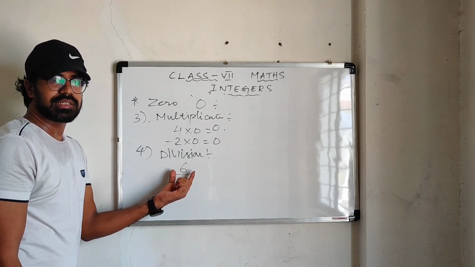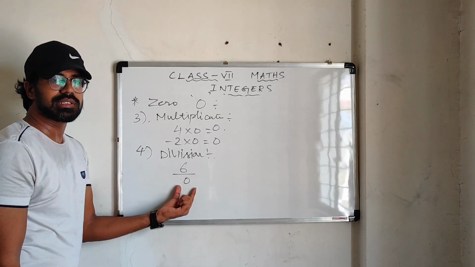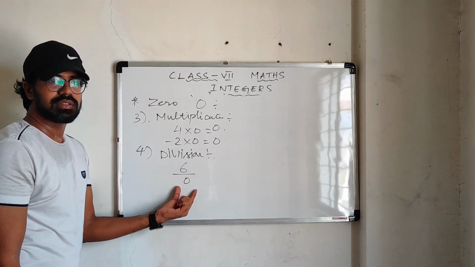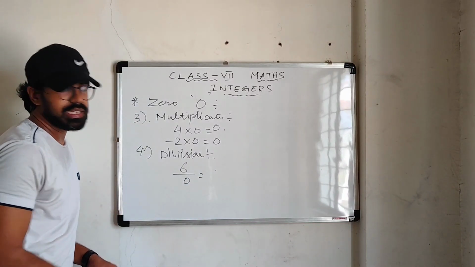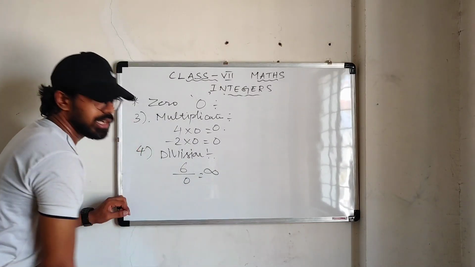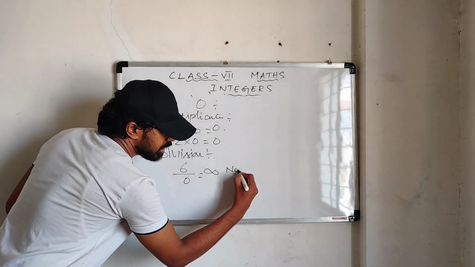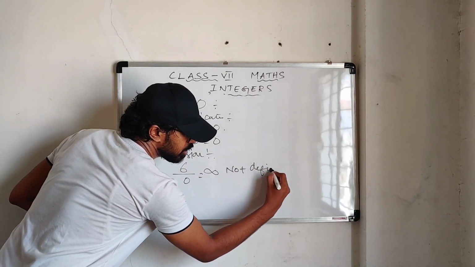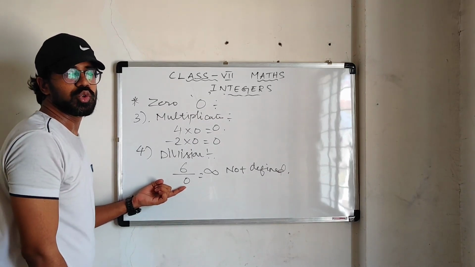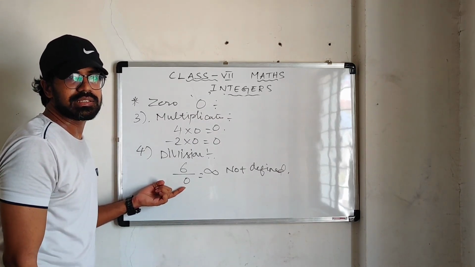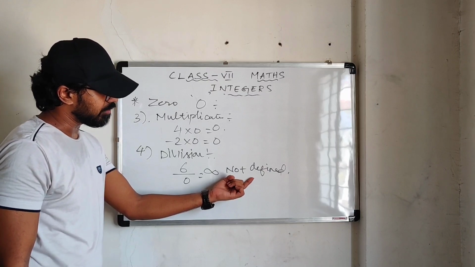The first one is 6 in the numerator, and the denominator is 0. Will you be getting any answer? Will you be getting the answer as 6? No. What answer will you be getting? Not defined. If you take any integer and divide it by 0, you will not be getting an answer. That is called not defined.